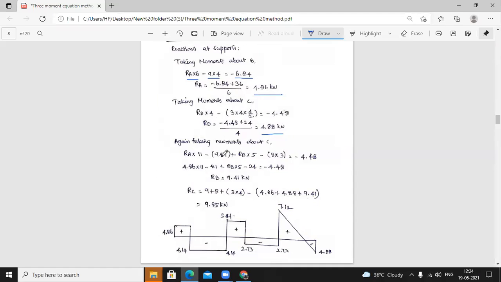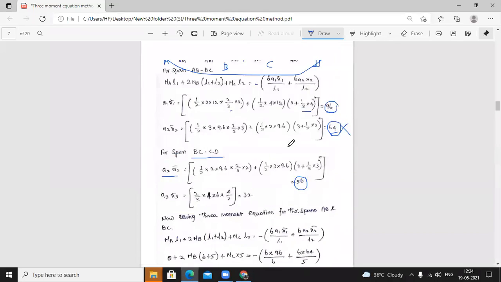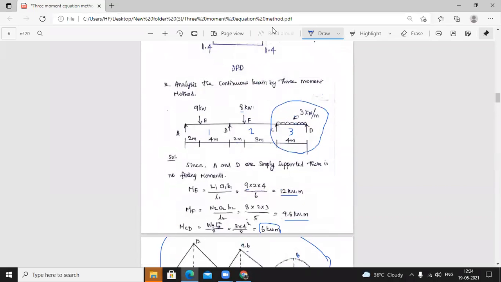Next we have to calculate RB. How to calculate RB? Again taking moments about the point C, and here I am considering only the left portion.